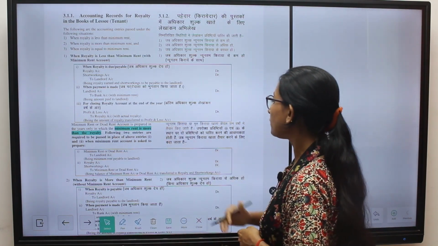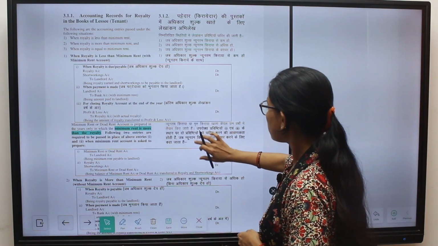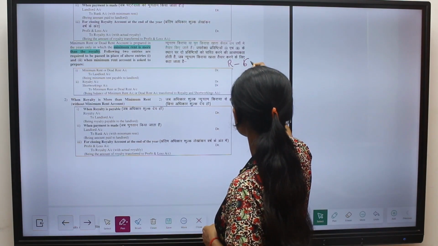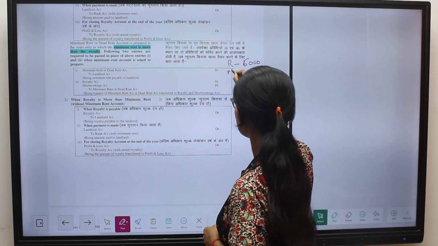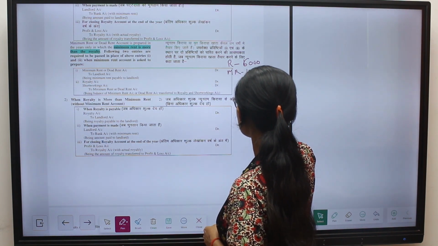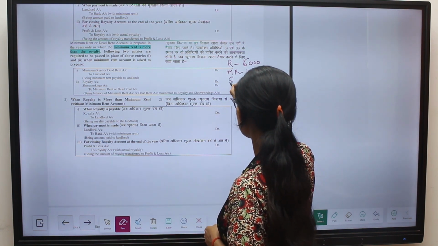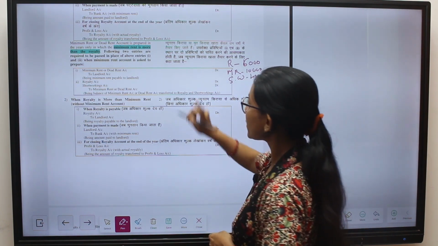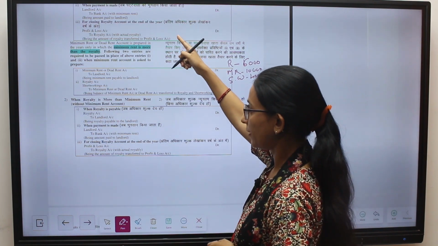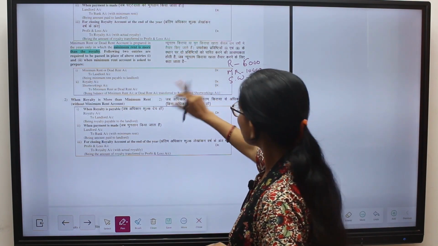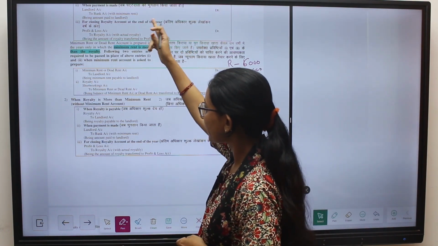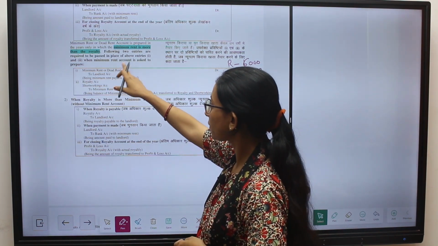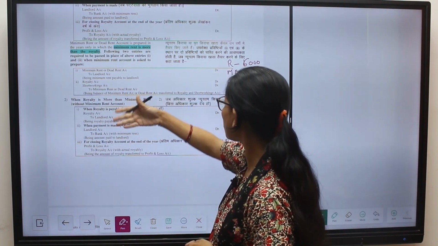For opening the minimum rent account, we'll consider the same figures as earlier: royalty 6,000 rupees, minimum rent 10,000 rupees and short working 4,000 rupees. So instead of passing the due entry we have passed, we'll pass these two entries. We'll skip that entry because in the examination the minimum rent account has to be opened.